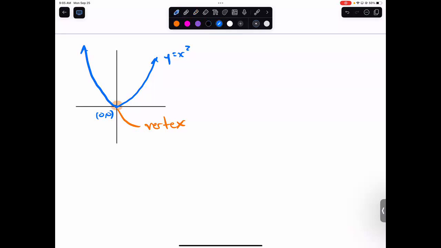The shape of the graph is called a parabola. I've probably been using that word some, but now it's official. So the graph for a square function is a parabola, and that point that we've been keeping track of anyway, because it's visually distinct and I can tell it apart from the others, is called the vertex.